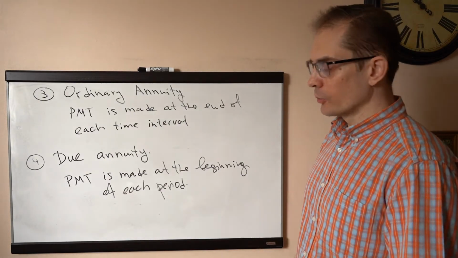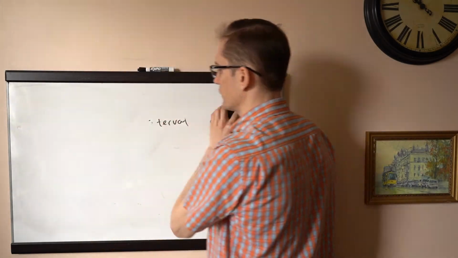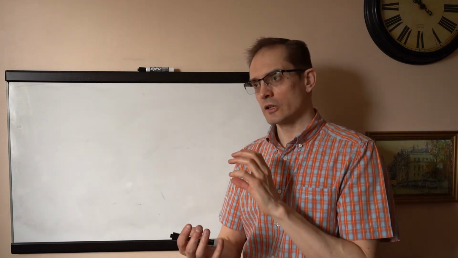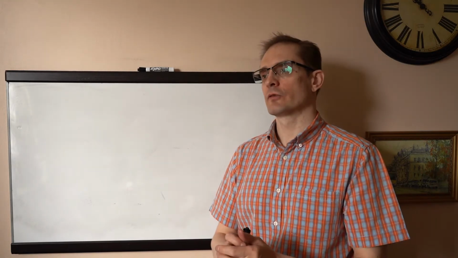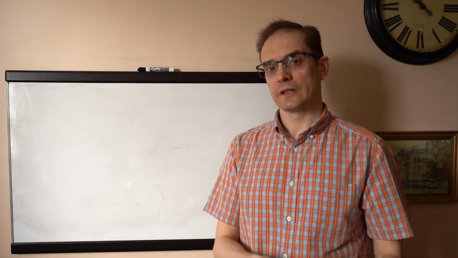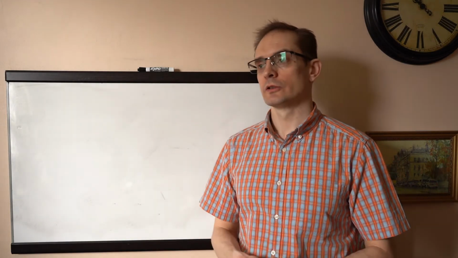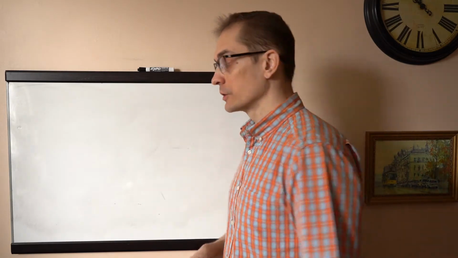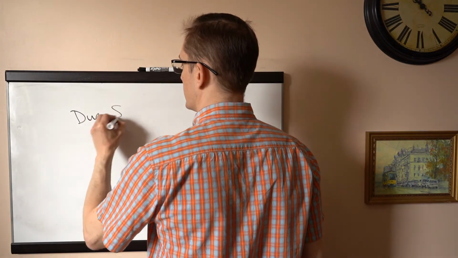Now, we have discussed 4 types of annuity. It is possible to combine types of annuity, but not always. For example, you cannot combine simple and general annuity in one existing annuity. Or you cannot combine due and ordinary annuity in one existing annuity. But you can combine annuities in, for example, a due simple annuity.